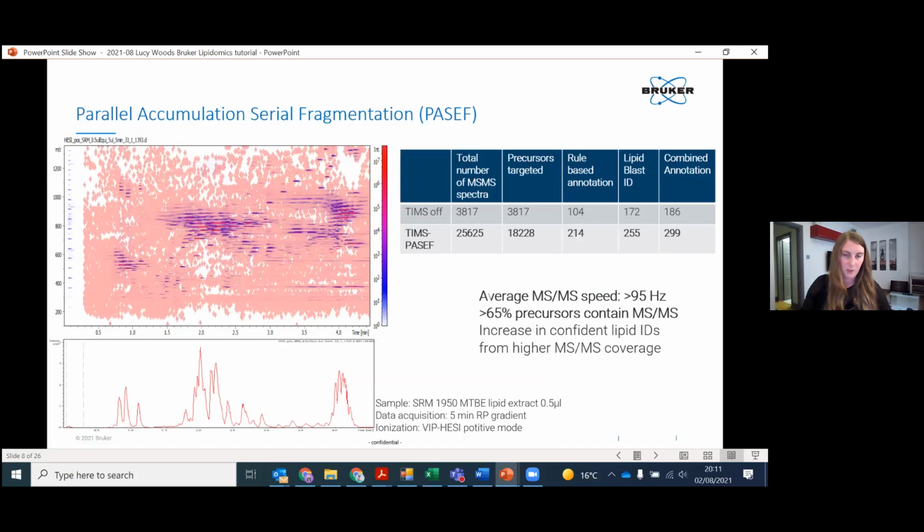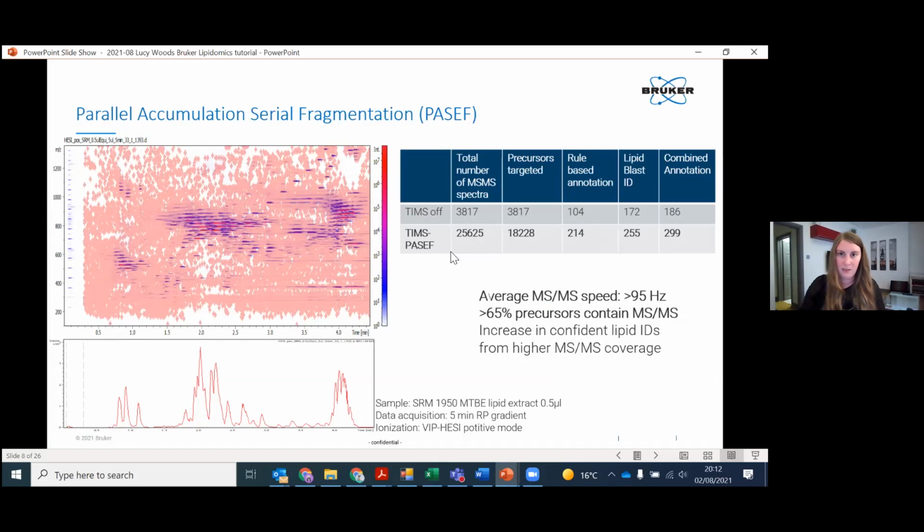On the top, in the heat map, you can see the retention time on the x-axis and the different mass to charge signals on the y-axis. Every time you see one of these red diamonds is when an MSMS event has taken place. Throughout the mass range and retention time, we're able to acquire a vast number of MSMS spectra so that we can confidently identify more lipid species.